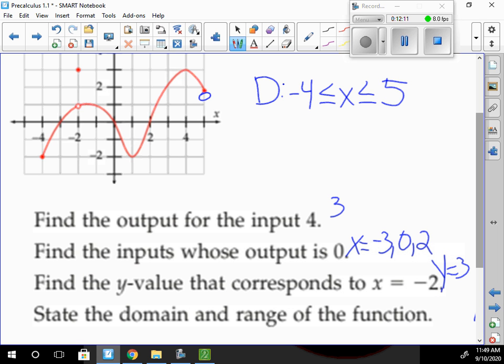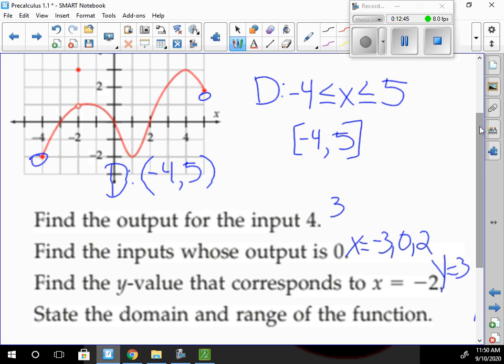The other thing here is that there's another notation for this, and it would be bracket -4, comma, 5, bracket. You use brackets when it's a solid dot. If it was an open dot, you would use parentheses. So if this was open and this was open, it would be parenthesis -4, 5. Now that looks like an ordered pair, but you have to put the domain before it.